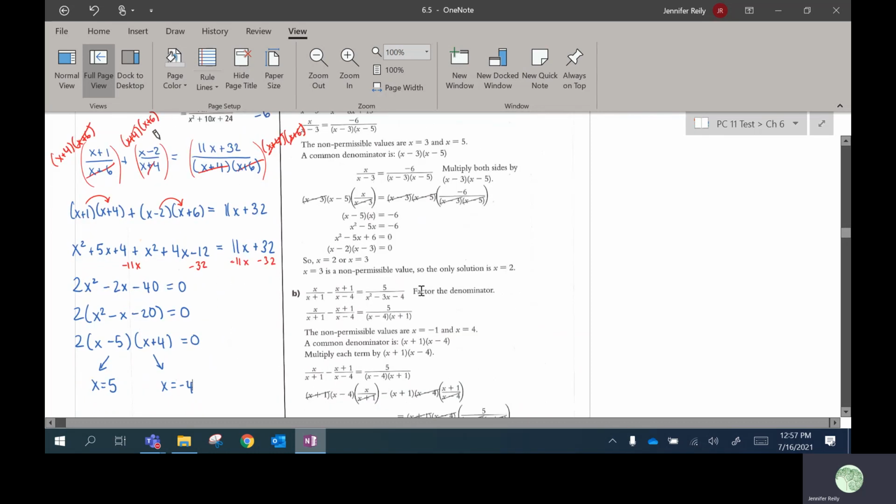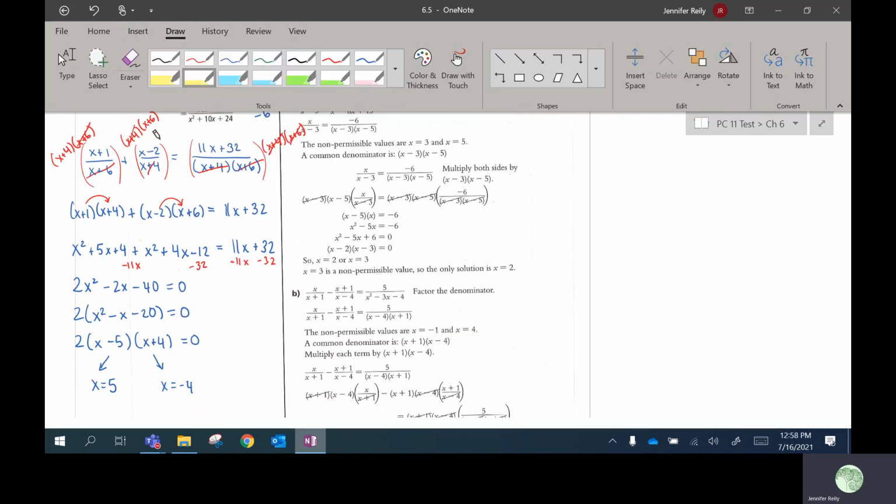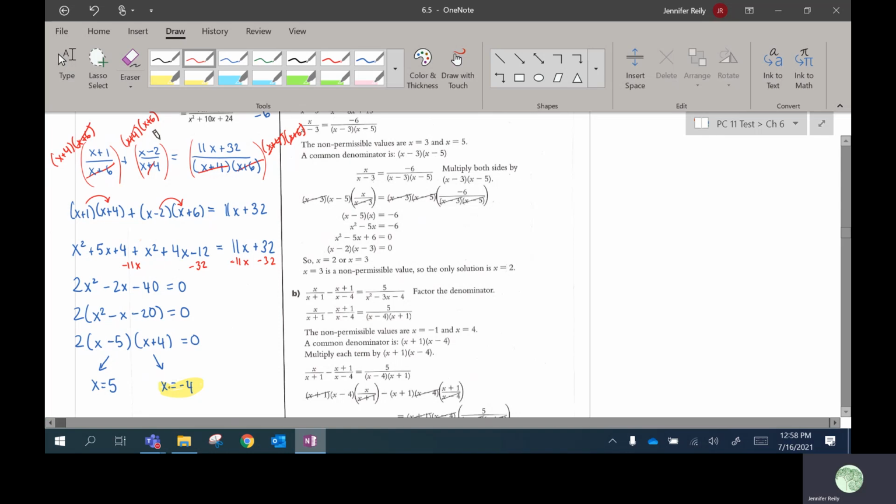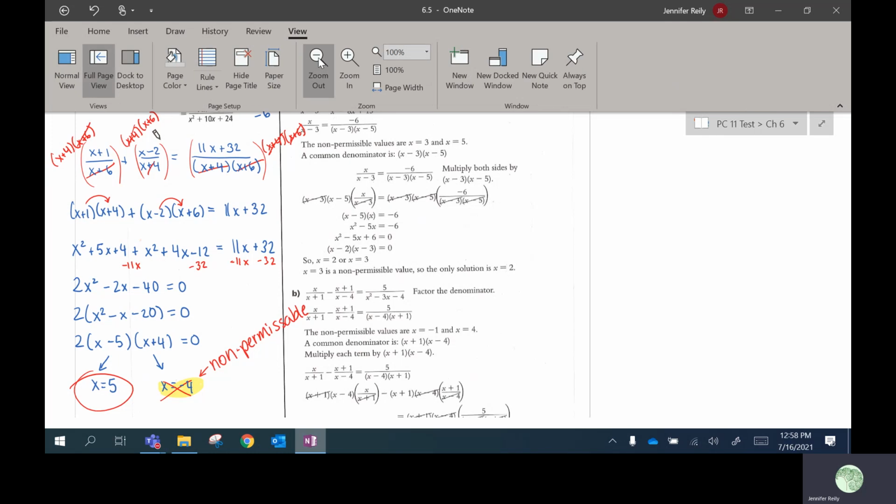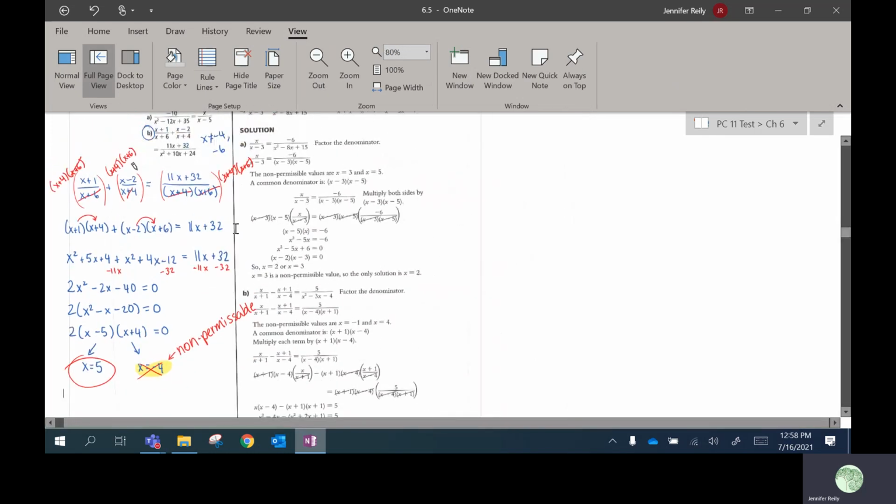And yes, the negative 4 was a non-permissible value. So that one does not count. So even though there were two possible solutions, only x equals 5 is the full solution. And again, you can plug that into the original equation and double check that it is right.